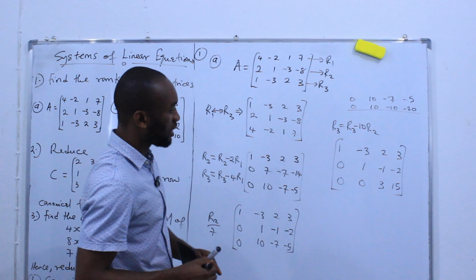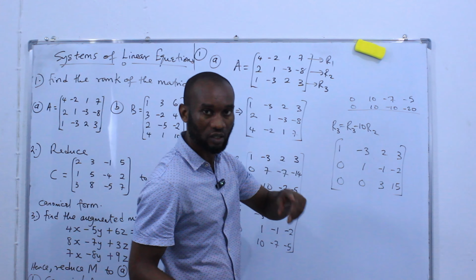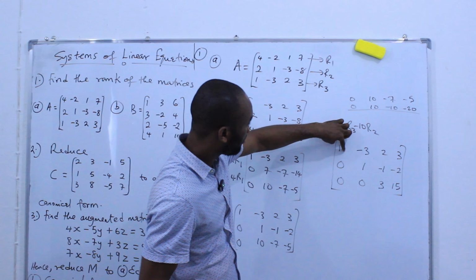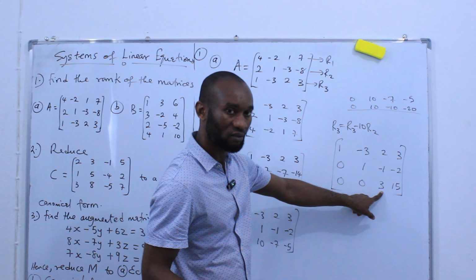So you can see that we have the pivots. Let's call them pivots: here is 1, here is 1, and here is 3.